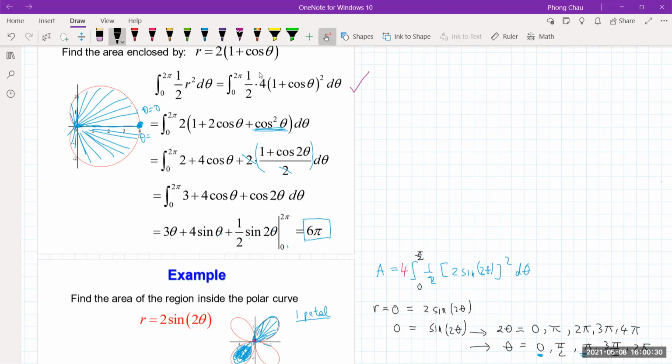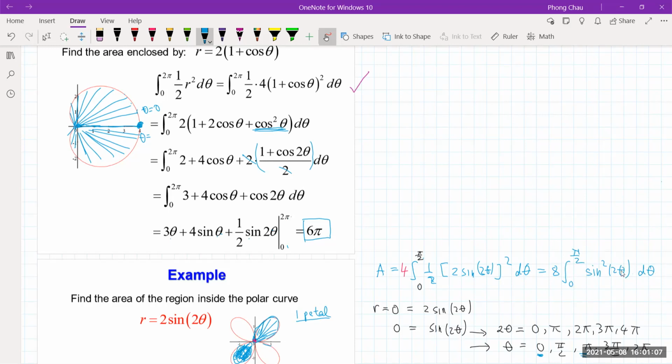Okay, so 0 to pi half. Now, that's the setup. And when you integrate, well, 4 times a half makes 2. I'll clean up a little bit. 4 times a half is 2, and then don't forget 2 squared is 4. So I have 4 times 2, right? So that really turned into 8, 8 integral from 0 to pi half, and I have sine squared theta d theta.